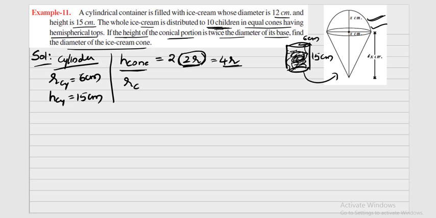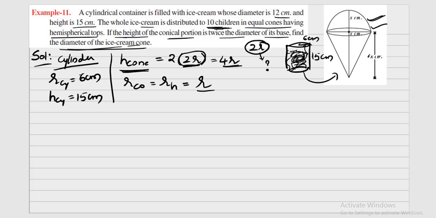So from this I can say radius of cone is equal to radius of hemisphere is equal to r, and height of cone is 4r. Now what is he asking you to find? Find the diameter of the ice cream cone. So diameter of the ice cream cone means I need to find out the value of 2r.